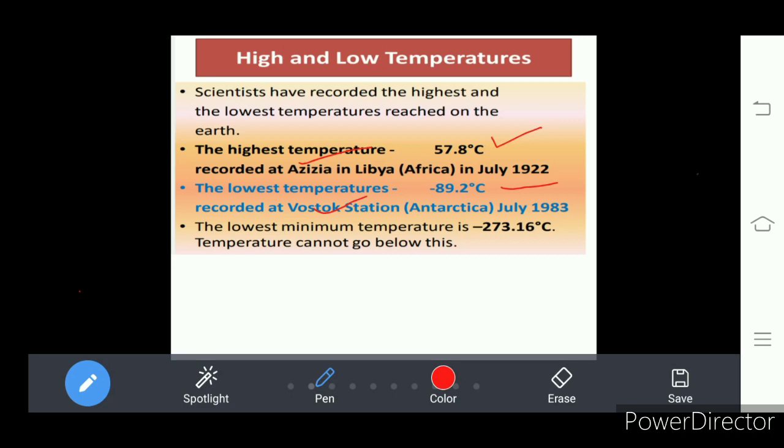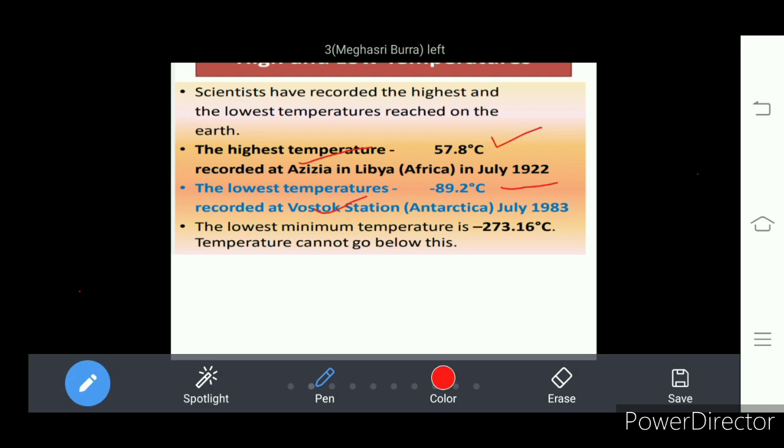Very few people live in the Arctic North Pole, but in Antarctica it is not suitable at all. The temperature there is minus 89.2 degrees centigrade. So this is the lowest temperature on the earth's surface so far recorded.